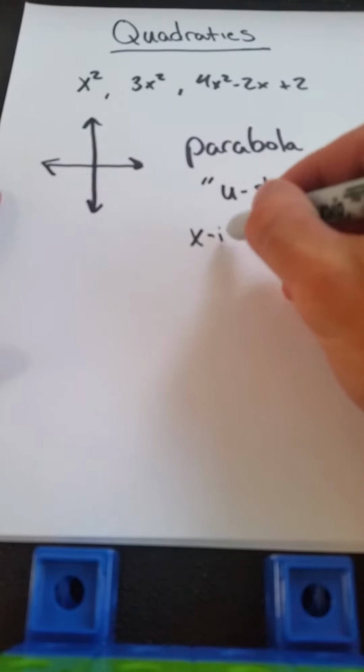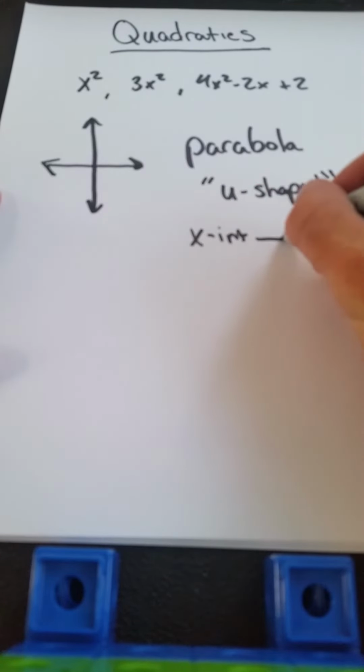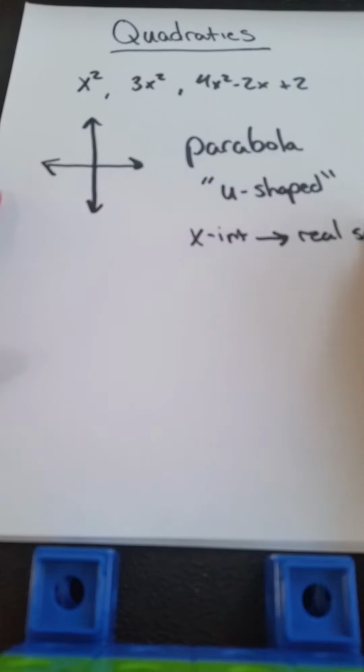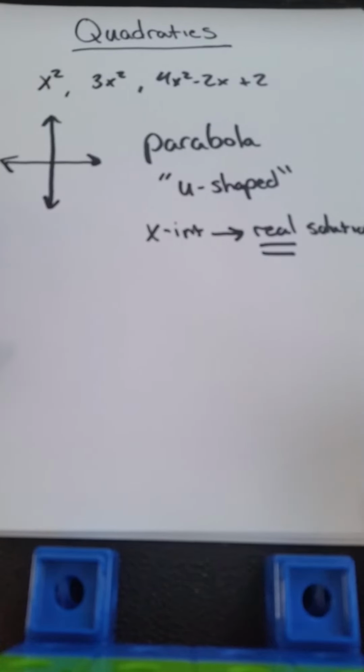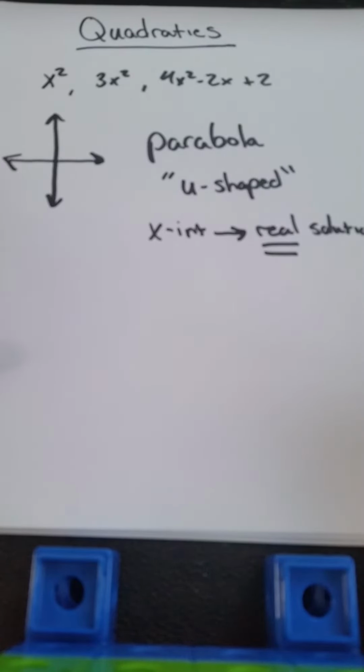So x-intercepts are our real solutions. And the key word here is real, because we're going to stress the other aspect of this in just a little bit. So, real solutions.